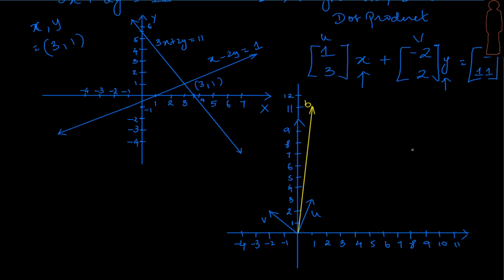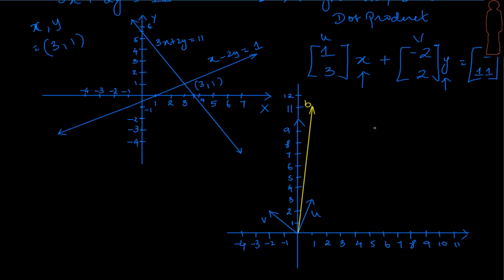Great. Now let's think about what is the meaning of this equation. How does this translate geometrically, right? We are saying find the numbers or scalars such that the linear combination of these vectors produces this, right? And we have understood in a geometric sense what is the meaning of the linear combination.